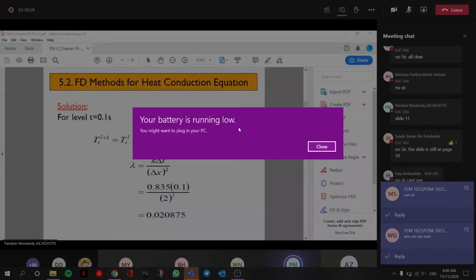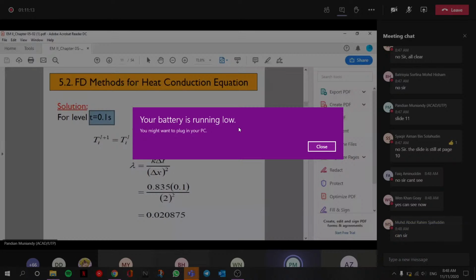Now, for the level, the level actually the L. First, T at 0.1. But the question is, they ask you to find 0.2, but not yet. We cannot find 0.2 yet.